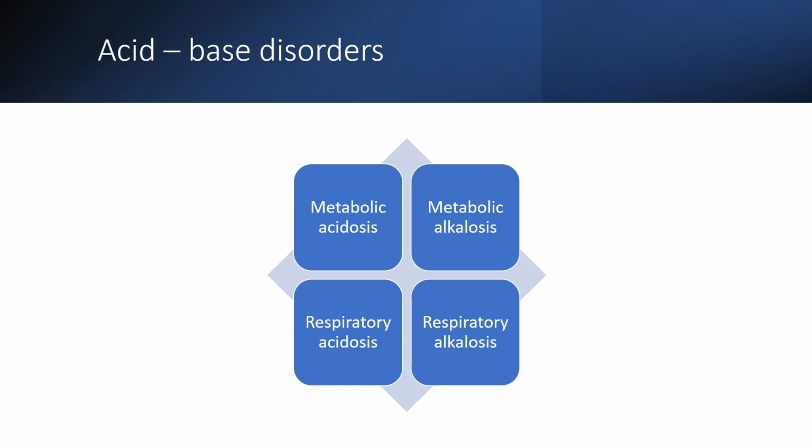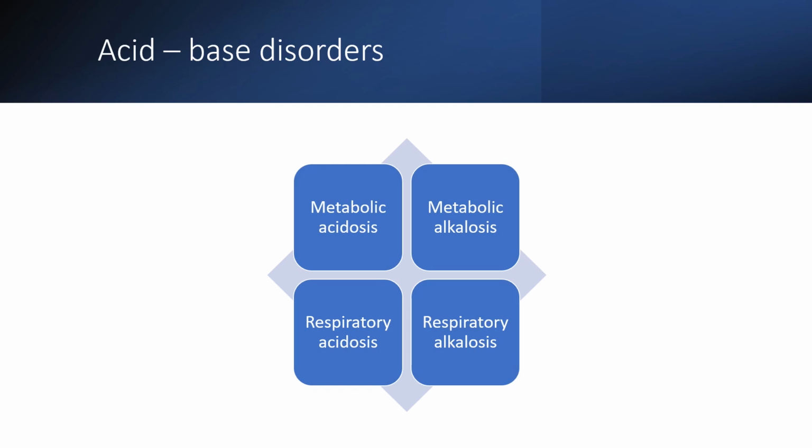Now, talking about acid-base disorders, they can occur when there is an abnormal secretion of acid in an excessive amount or when there is a loss of bicarbonate in the body. It can either be a metabolic or a respiratory problem, acidotic or alkalotic.